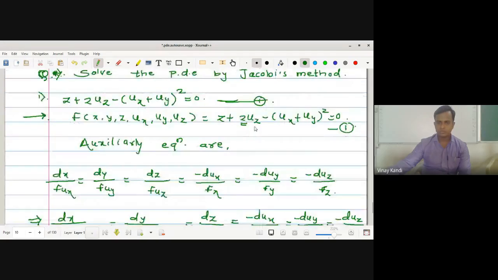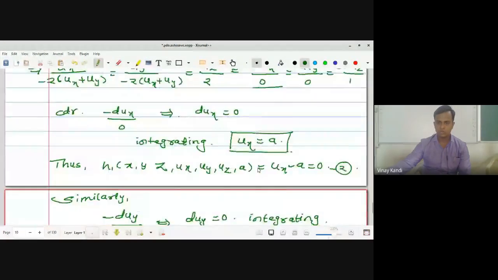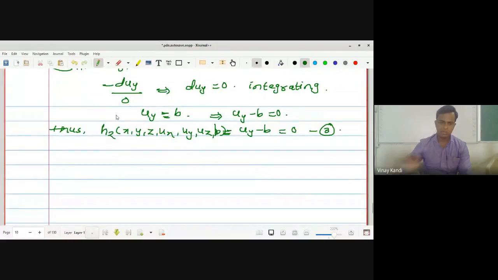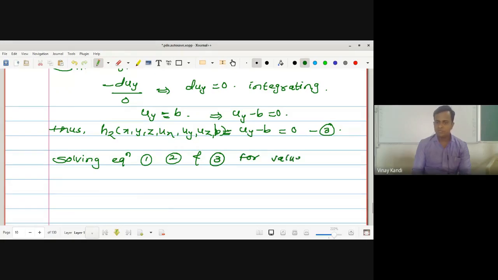This is the equation 1, equation 2, and equation 3. Okay, now solving equation 1, 2, and 3 for values of ux, uy, and uz.